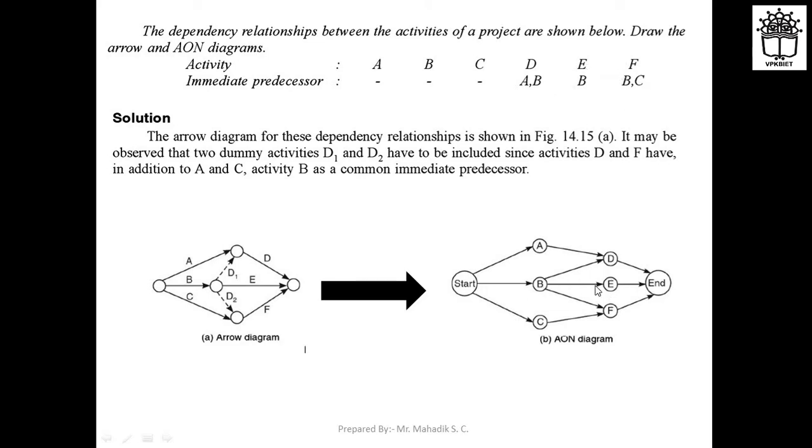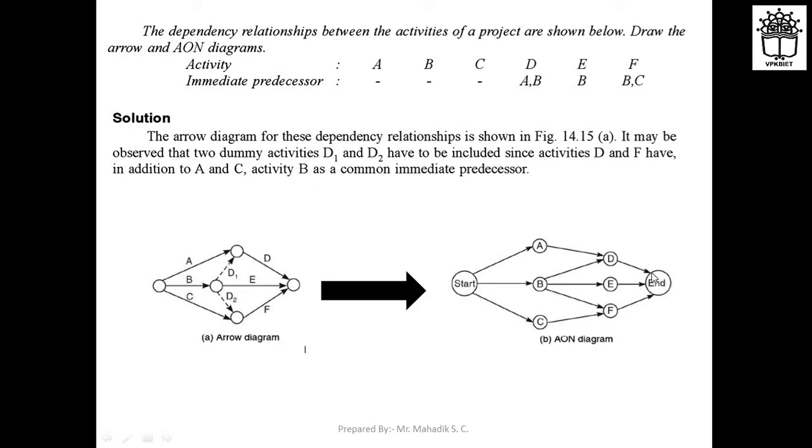So like that, for D, A is also a predecessor activity. For E there will be only B as predecessor activity, but for F, B and C will be the predecessor activities, right? So we have taken the activities on the nodes only, right? So this is called an AON diagram, and after that there will be your end event.